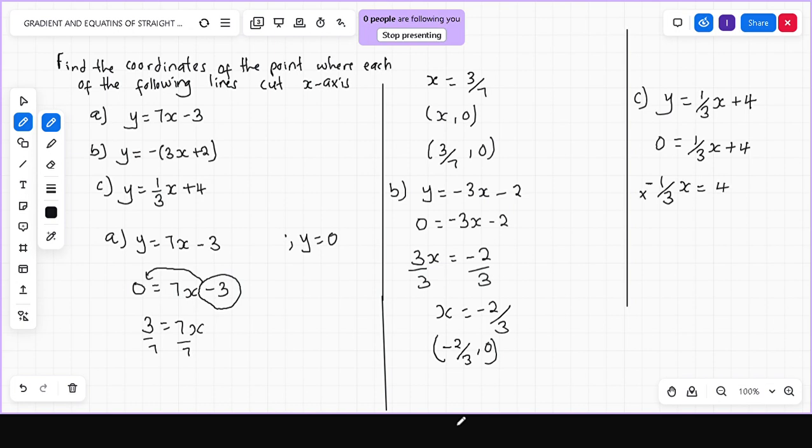We multiply by negative 3, and this one cancels. So you got x is equal to negative 12. And the coordinate of that given point is going to be negative 12, comma 0. And that is the coordinate of the point where the line cuts the x-axis.